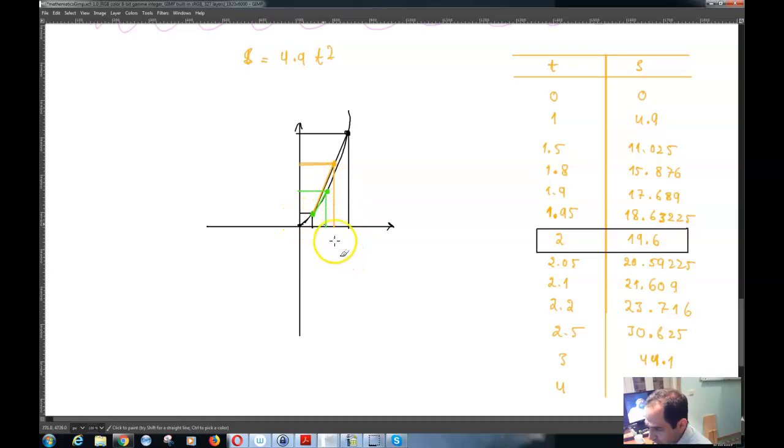Meaning that we have to close in on this point, t is equal to 2, so much so that this point has to get closer and closer to this point, so much so that the 2 points become exactly 1 point on the graph of the function.